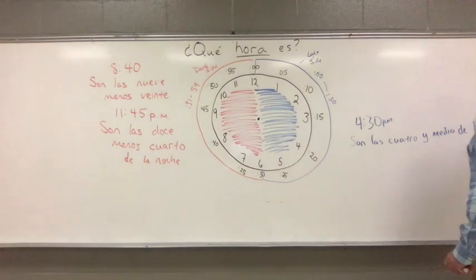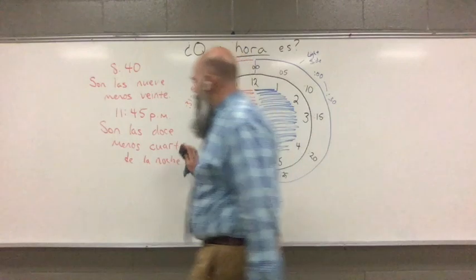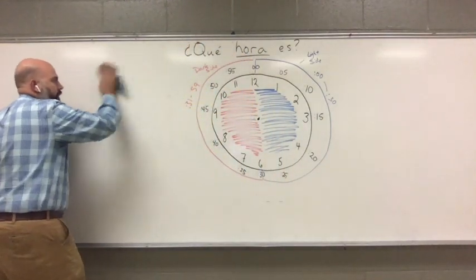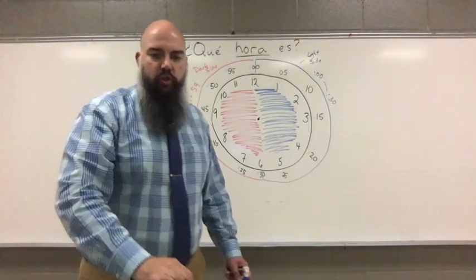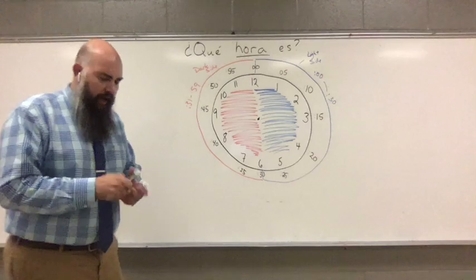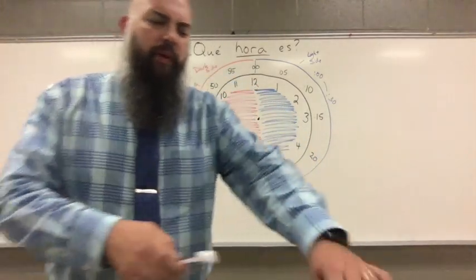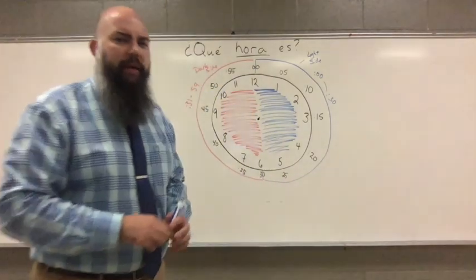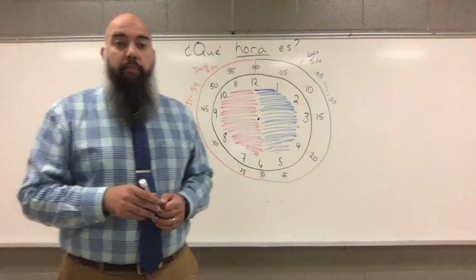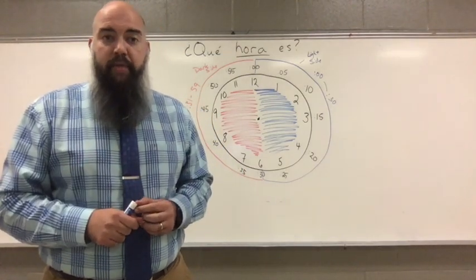There's a couple more phrases that we might need to have. When we have a few special times that happen every day, I'll use the blue marker because it is on the blue side, on both of them, because these two special times would be midday and midnight, okay?